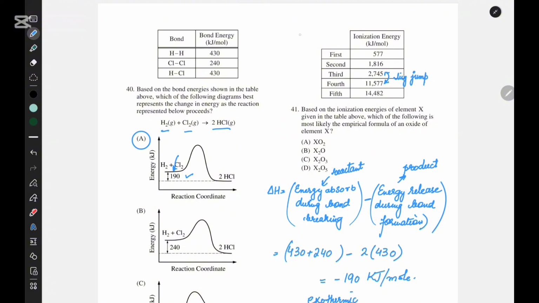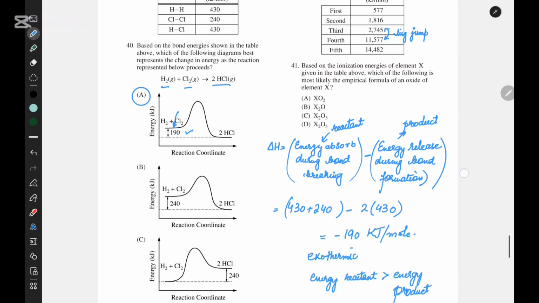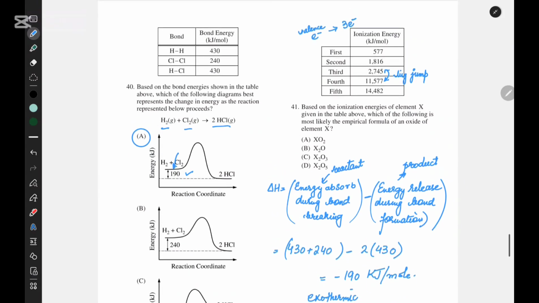Because the valence shell has only 3 electrons, and when you want to remove the fourth electron, you have to take it from inside. So X is going to be plus 3, oxygen is going to be minus 2, so that comes out to be X2O3. So that is going to be option C.